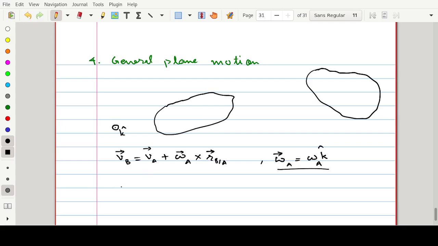So we will write Vb is equal to Va plus omega A k cross Rb A. If I want to write velocity of A with respect to B, then I can write a similar relation like this, just interchanging A and B.